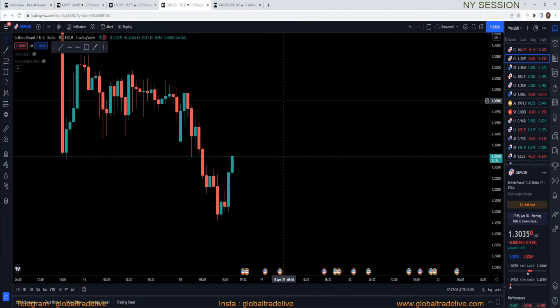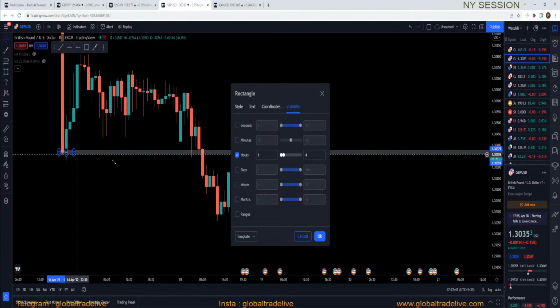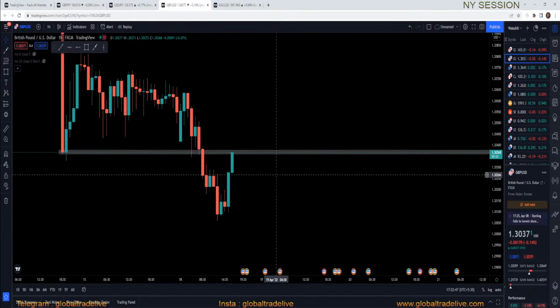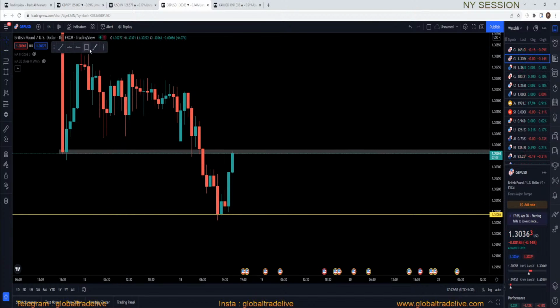So if we talk about the 1 hour, then the 1 hour time frame can reject this area and continue to move down from here. So if we talk about the recent level of support and resistance, then this was the recent level of support over here.